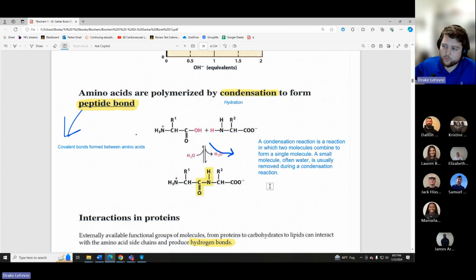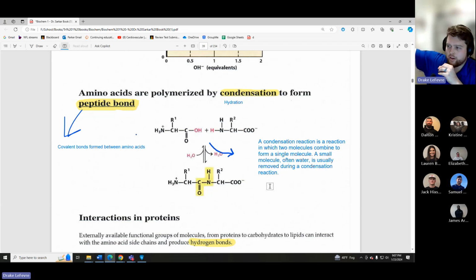What's really cool about reactions and the naming of them is that if you know one of them, you should know what happens with the other one as well. So in condensation, two amino acids join together and water comes off. If hydration is the opposite, what do we think happens? Water is added, and what happens to those two things that were bound together?